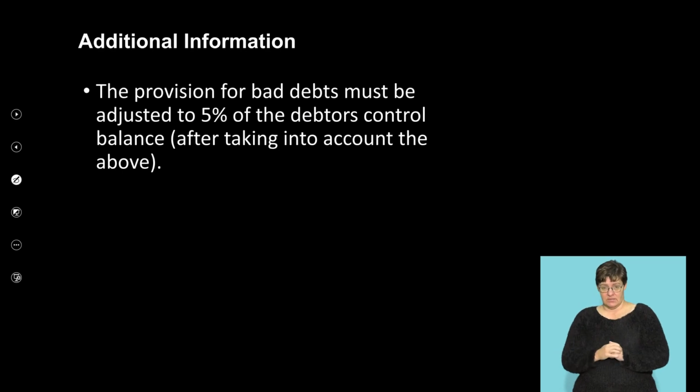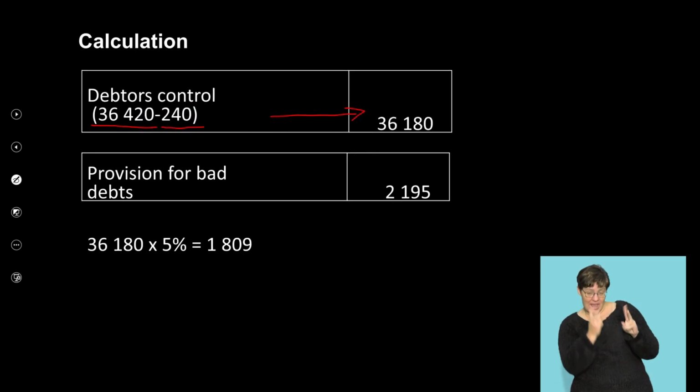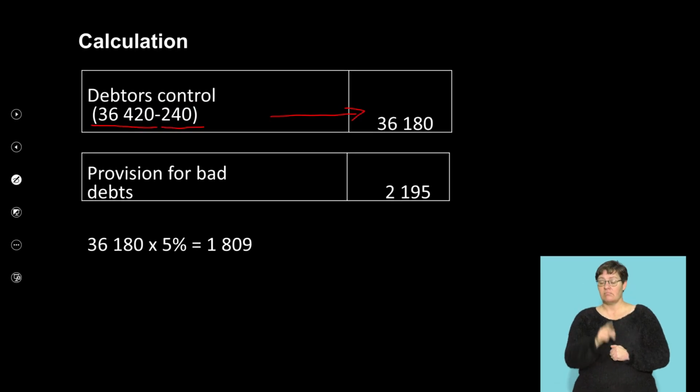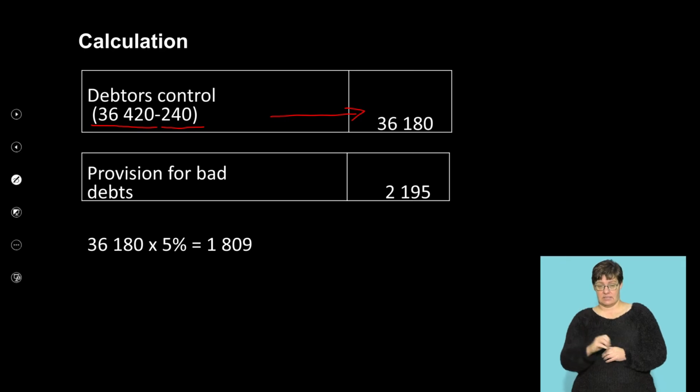Okay, then we were told that the provision for bad debts must be adjusted to 5% of your debtors control after taking into consideration the above. Watch this calculation. So obviously, you first took your 36,420 minus the 240 gave you a figure of 36,180, which we have there.